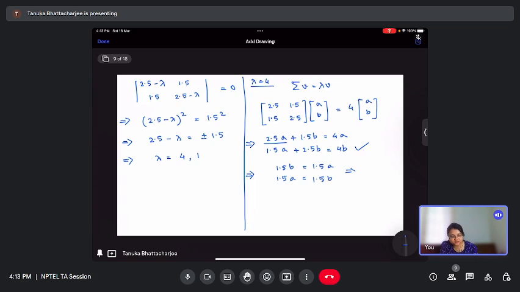So both of these equations lead to a equals b. If a equals b, then we can have the eigenvector as 1, 1 along this direction. Since we need the unit vector along this direction, the unit vector will be 1 by root 2, 1 by root 2. Similarly, we have to compute the eigenvector for lambda equals 1.